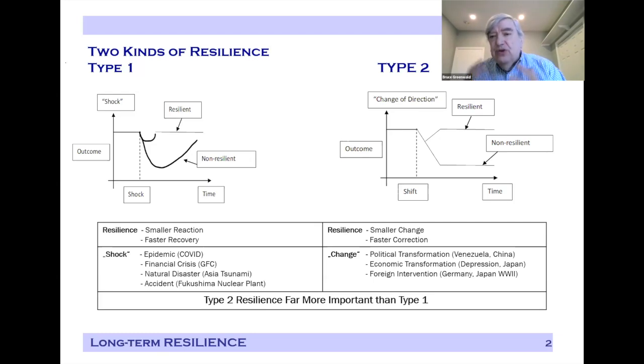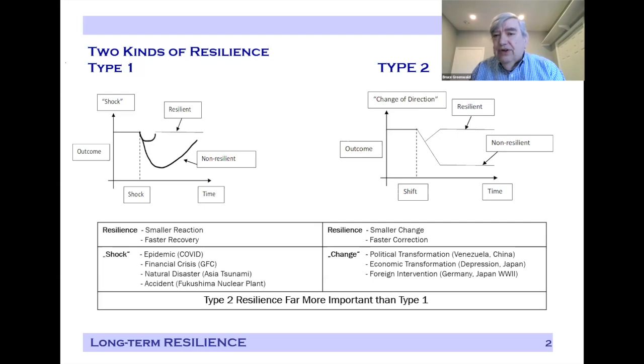And the question is, when you get on a bad path like that, you'd think a resilient economy would adjust and get off that path and get back to a much more promising structure of the economy. A non-resilient economy or society will not be able to make the adjustment. You'll keep going down and you will stay down. And I think that is something that I'm going to show you has consequences an order of magnitude more important than the type 1 resilience that I think a lot of the discussion is focused on.